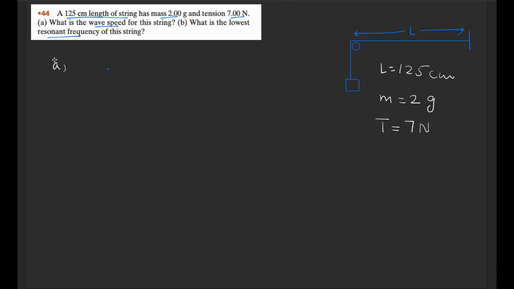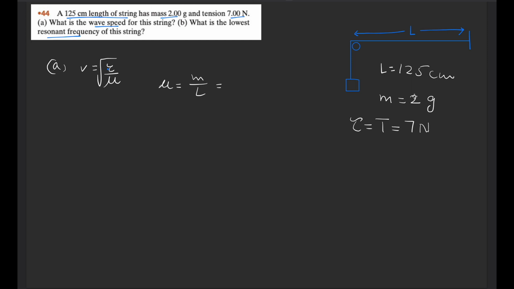So let us find part A. What is the wave speed of this string? The speed is given by this equation, v equal to square root of tau over mu. Tau is the tension, but we have to find mu, which is the linear mass density of the string, given by m upon L. M is the mass, 2 times 10 to the power minus 3 kilogram, and L is the length.